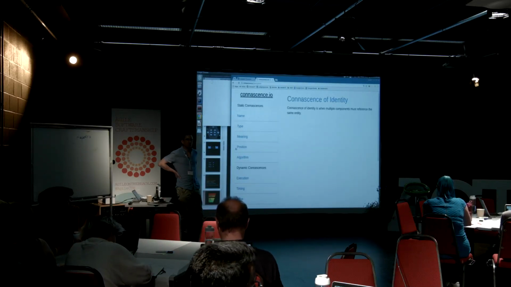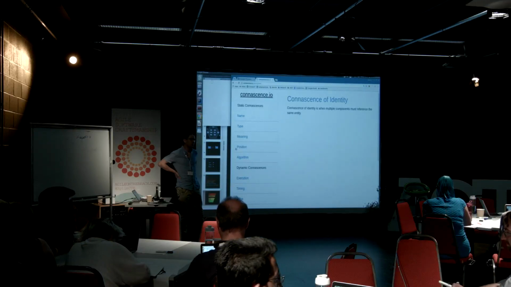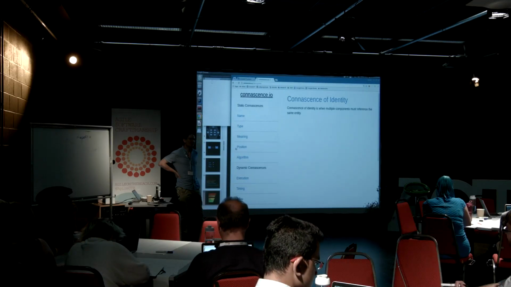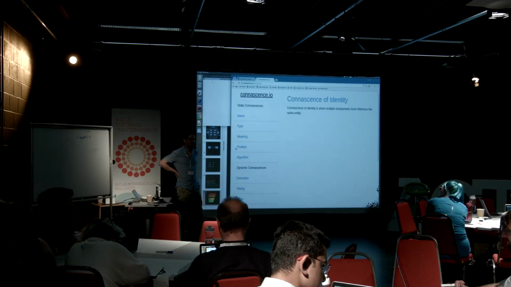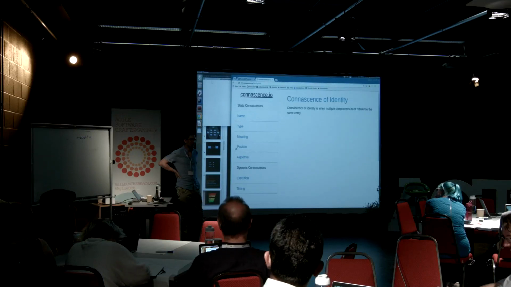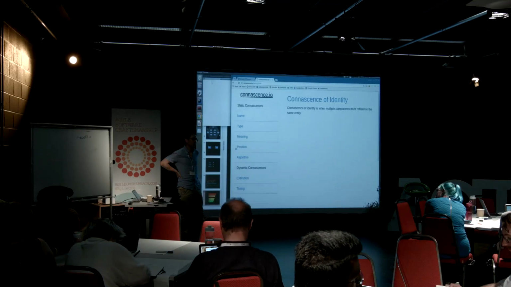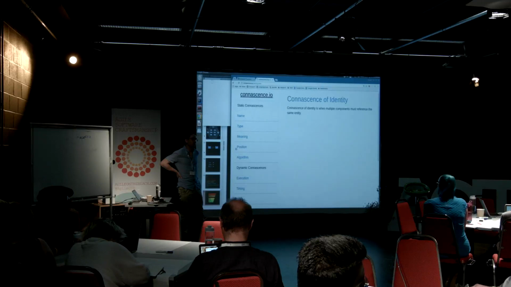Any other? How does it relate to afferent and efferent coupling? Is it about packages? You need to remind me what they are. Afferent and efferent coupling is about the number of links into and out of packages. It's kind of about cross-package coupling.